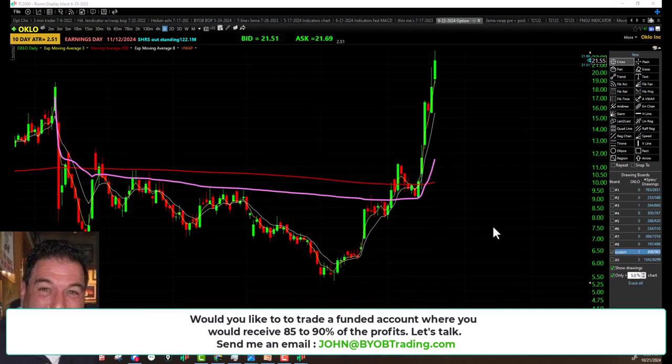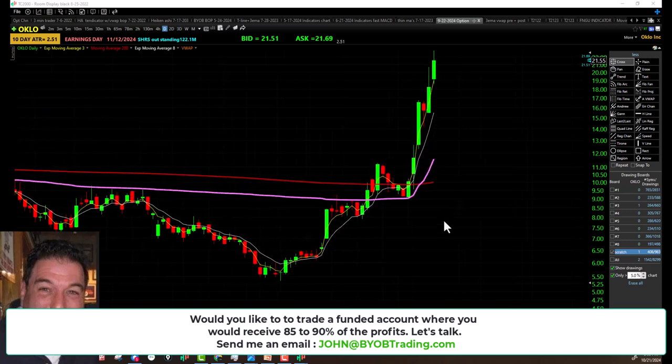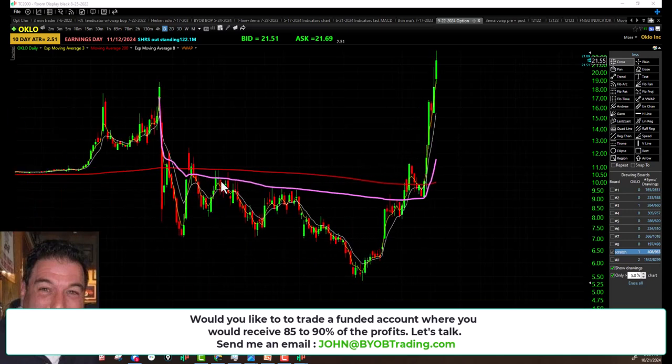But I know a lot of you guys were in OCLO with Rick's trade. Nice trade, by the way. You guys nailed it. See how price is up over it? See how price comes up underneath it? Reject, under, reject. Here's the valley. So they went down, and then they lost it.